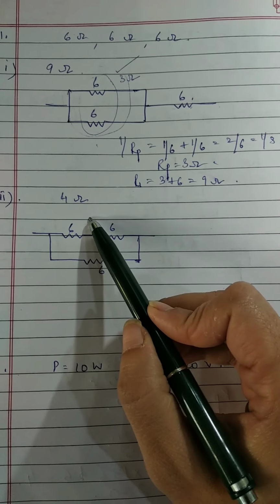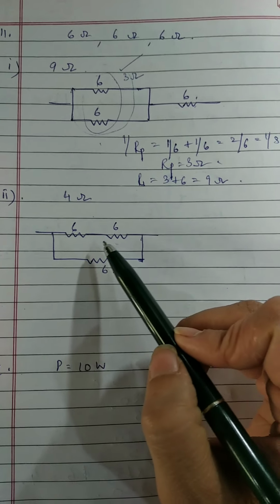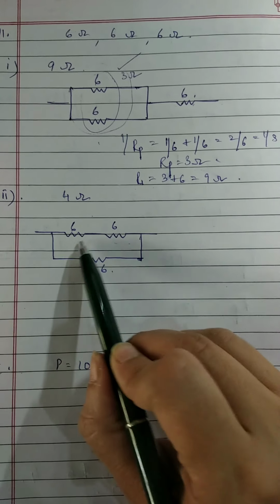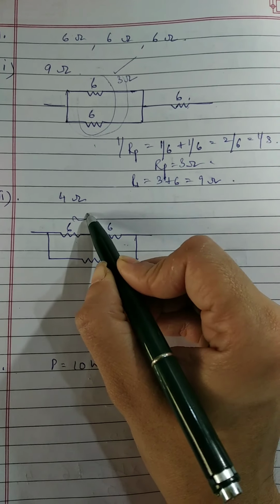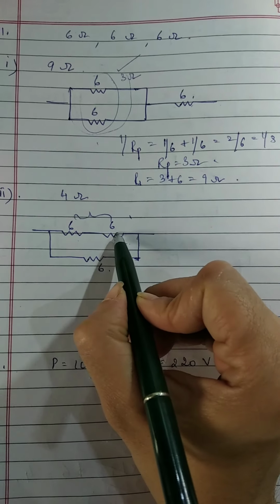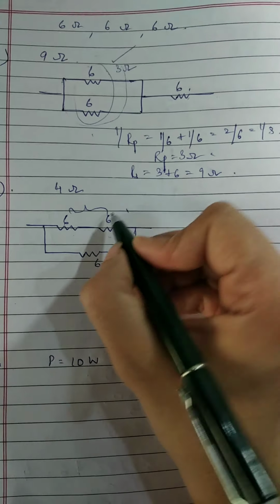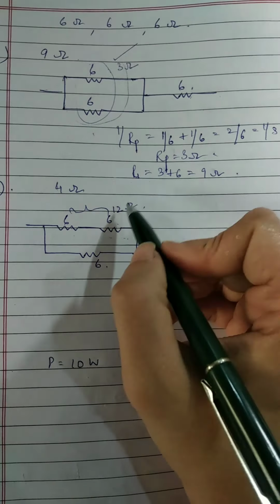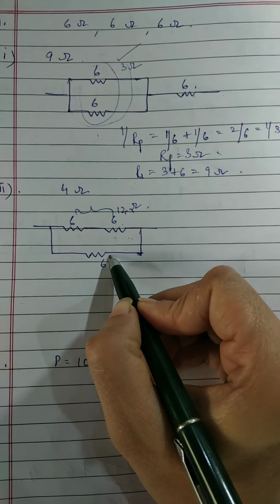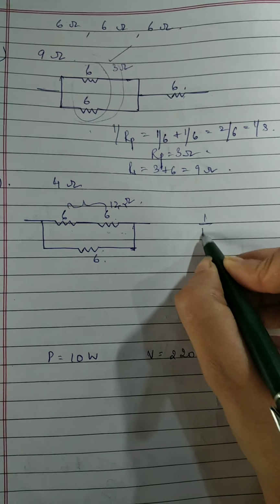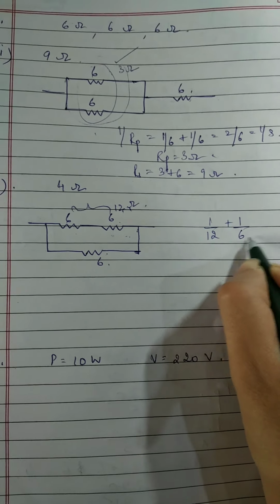In the second, how do we obtain a 4 ohm resistor? Now we would connect two resistors in series. So on connecting them in series, we get the equivalent resistance as 6 plus 6 which is 12 ohm. Now 12 and 6, they are in parallel. So we have equivalent resistance as 1 by 12 plus 1 by 6.